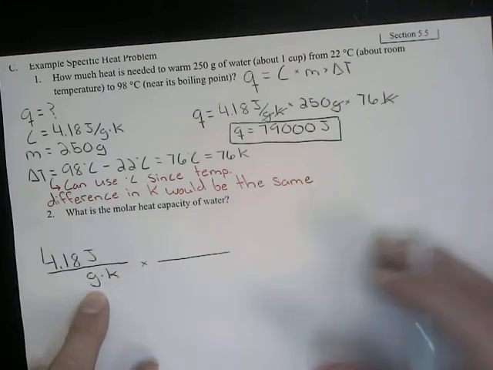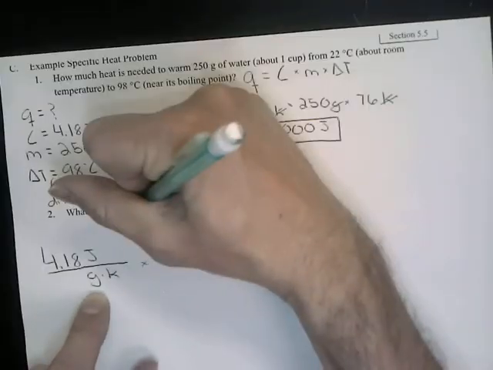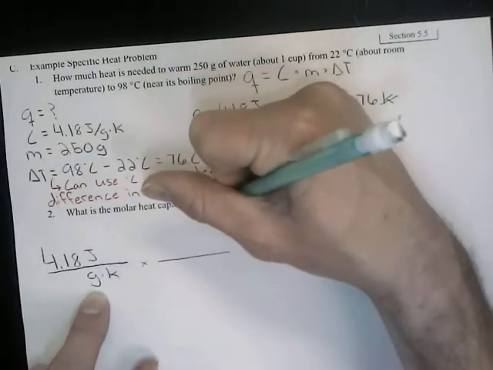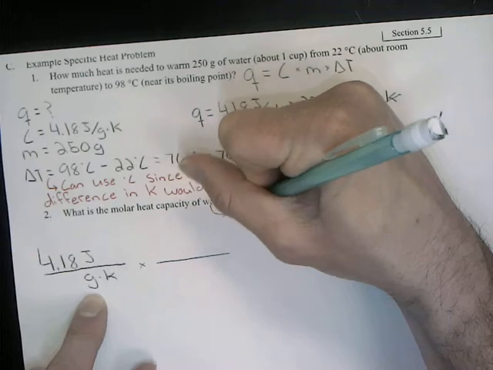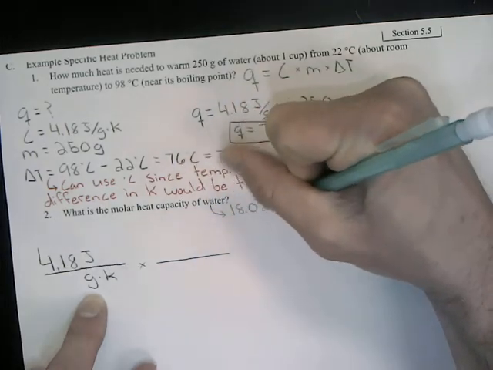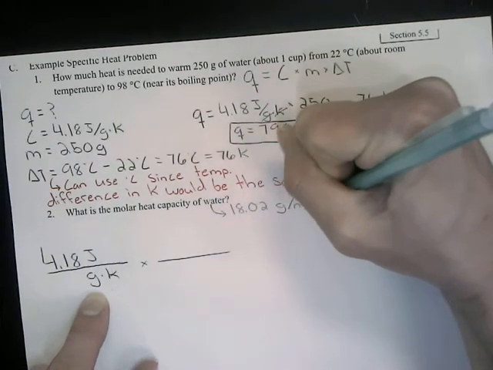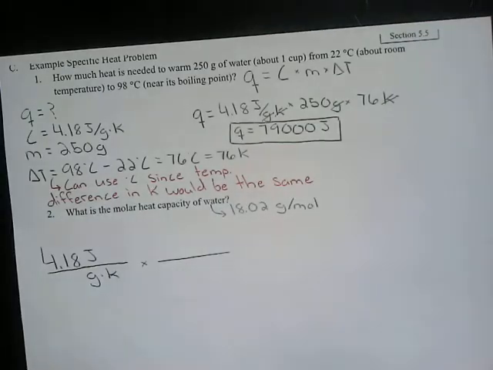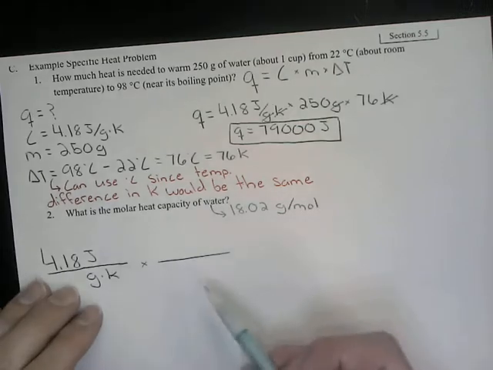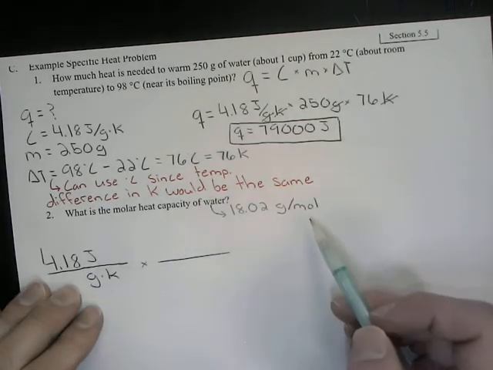So remember, the molar mass of water, H2O, is 18.02 grams per mole. Now we have to think for a second because our diagonal units need to cancel. We're trying to get rid of grams and get into moles.